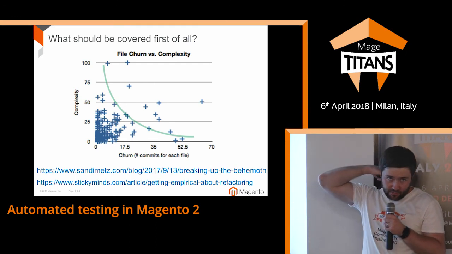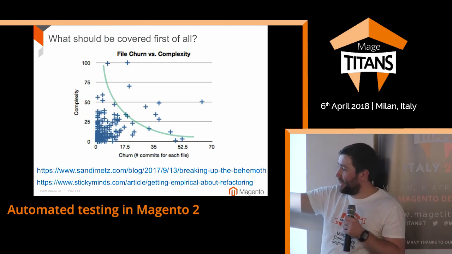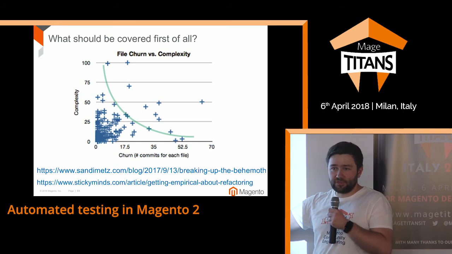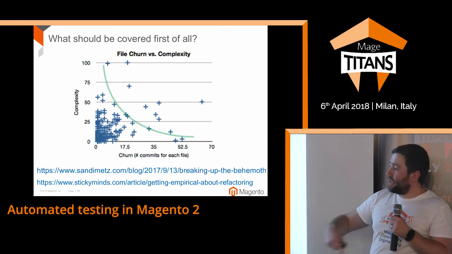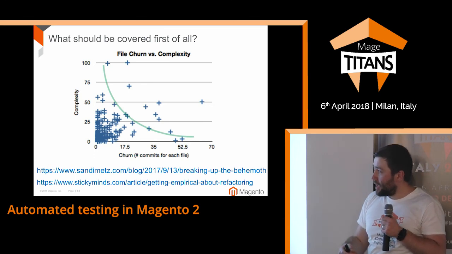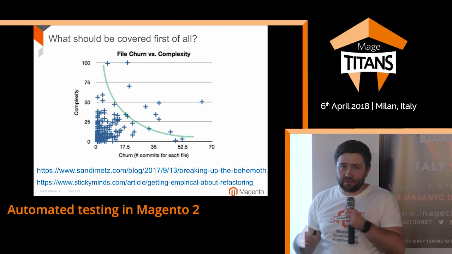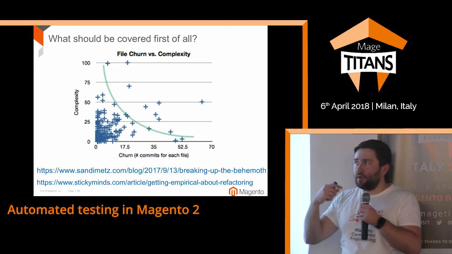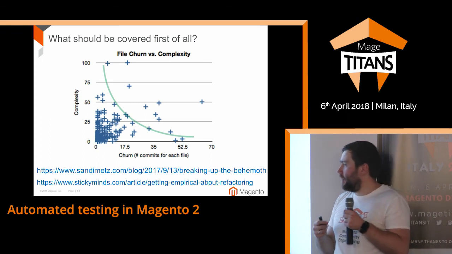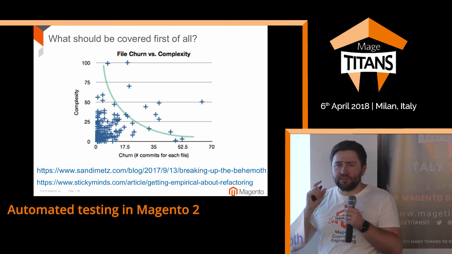Here's a really good example of metrics, and we have used these metrics in Magento for some time. We use the complexity and the number of commits per file. So we calculate the number of commits which happened to each file, and also we calculate the complexity. You can choose some sophisticated mechanism like NPath complexity or cyclomatic complexity, but you can use a simple one.